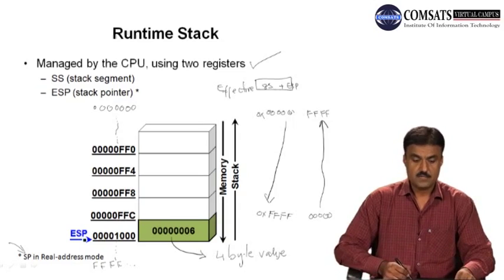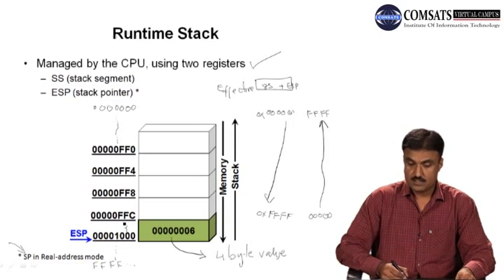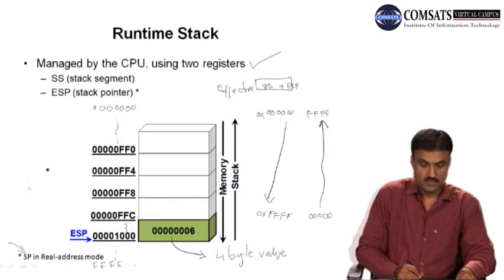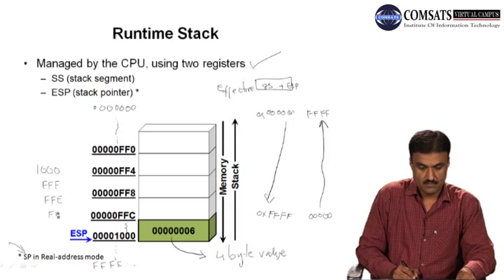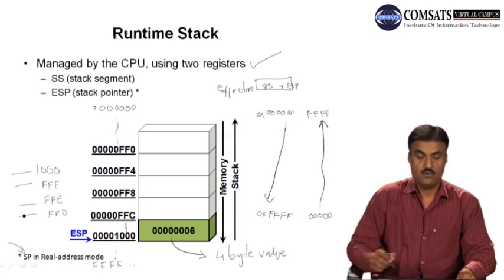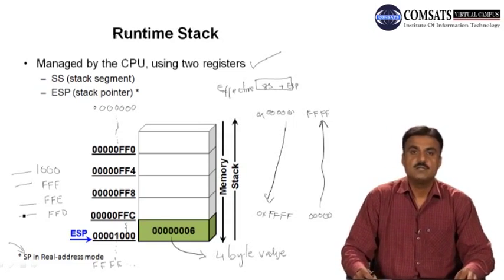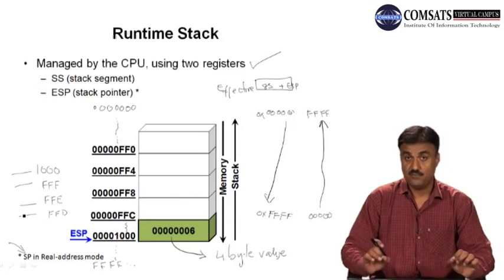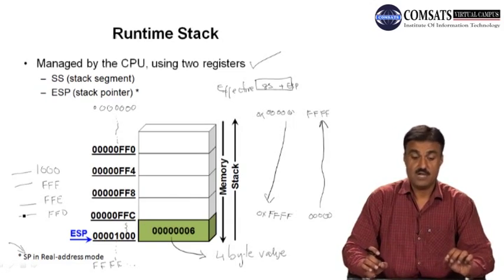Here you can see ESP points to this location, and the next location is 100 minus 4. So if it is 1000, the next location should be FFF, FFE, and FFD. These are the 4 consecutive memory locations that store a 4-byte value.